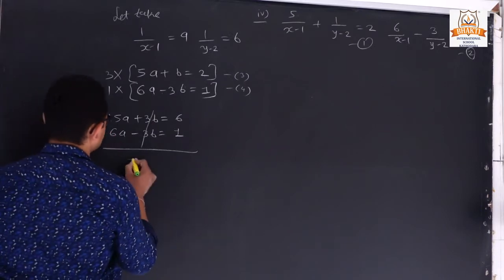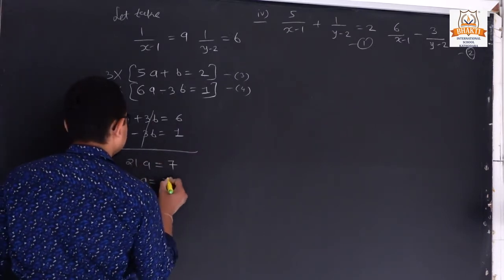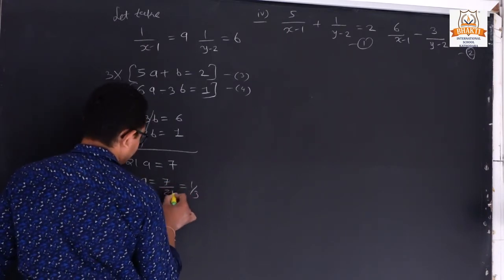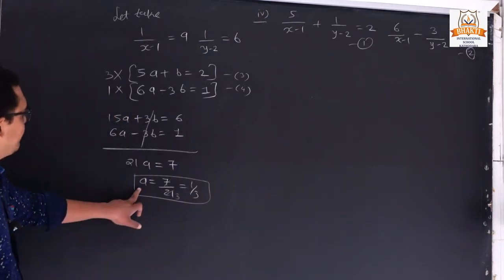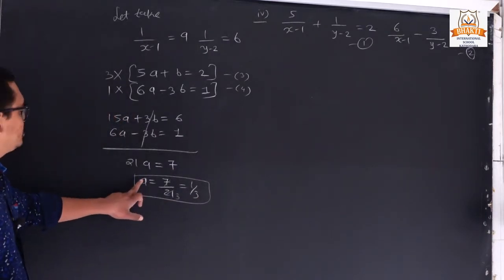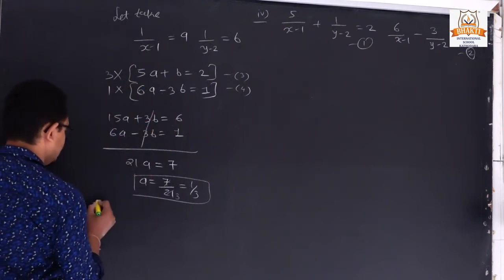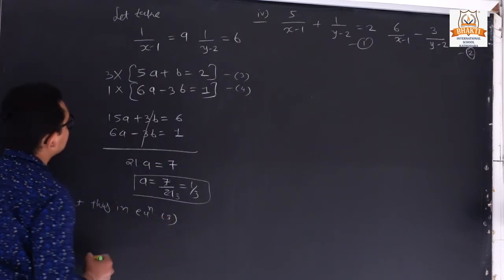15 plus 6, 21a, 6 plus 1, 7, a is equal to 7 upon 21, so it is 1 by 3, 7 1s are 7 3s are. Now we have a value of a, we will put this value in either of one equation. So put this in equation number 3.